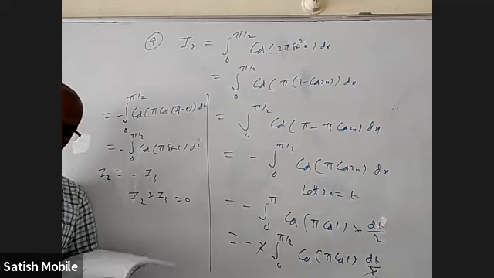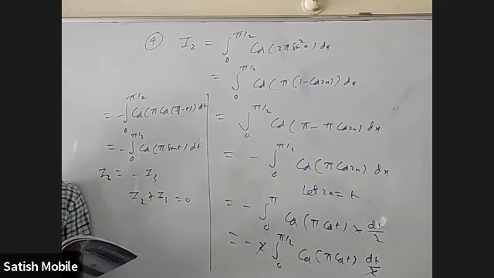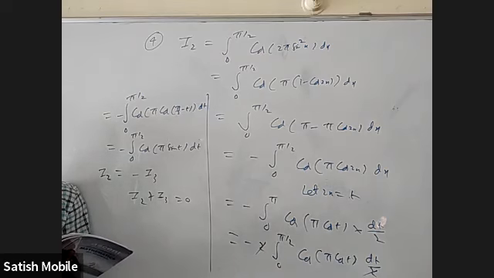One of the options says I2 and I3 both are equal, both are 0. So we have to disprove it also, that it is not. Why? I3 alone between 0 to pi by 2, is it always positive? No. Sometimes positive, sometimes negative.